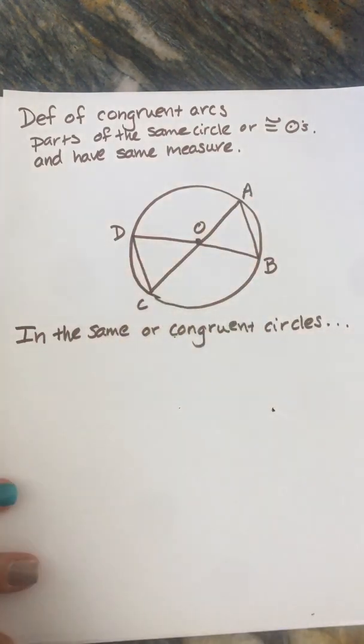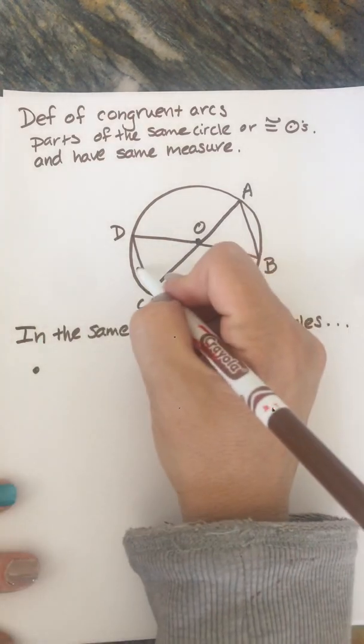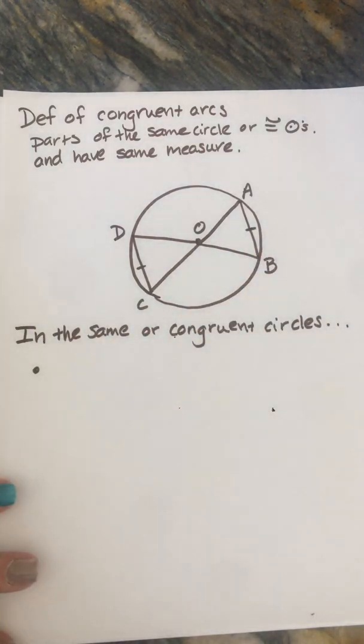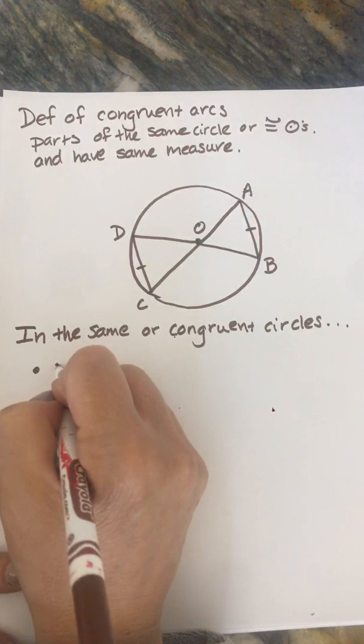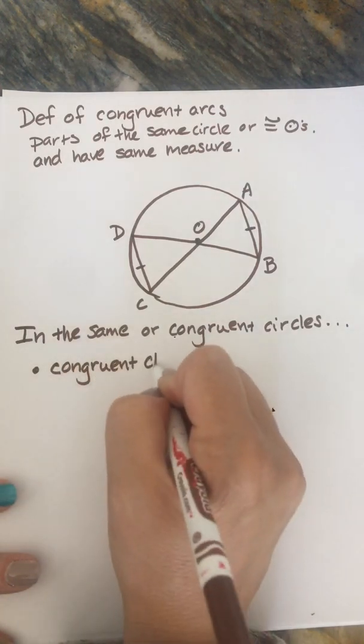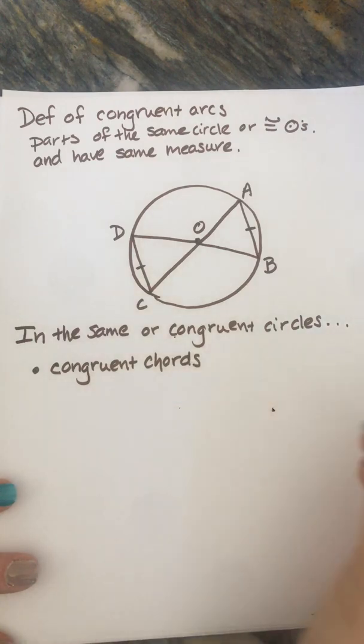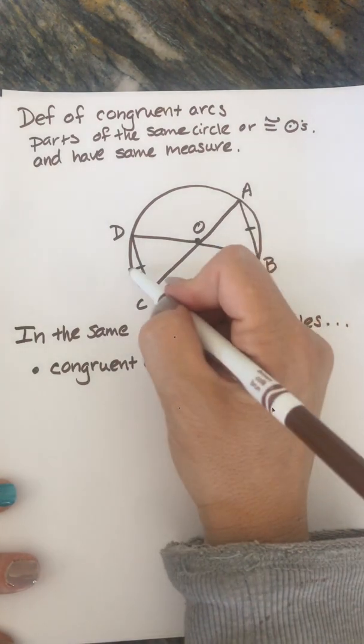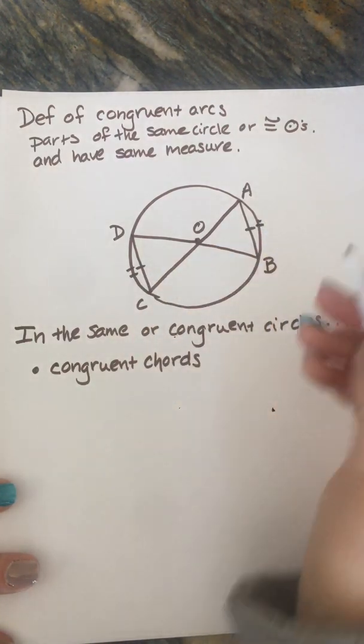In this case, we're in the same circle. If that is true, then if the chords are congruent, so if we have congruent chords, then we have congruent arcs.